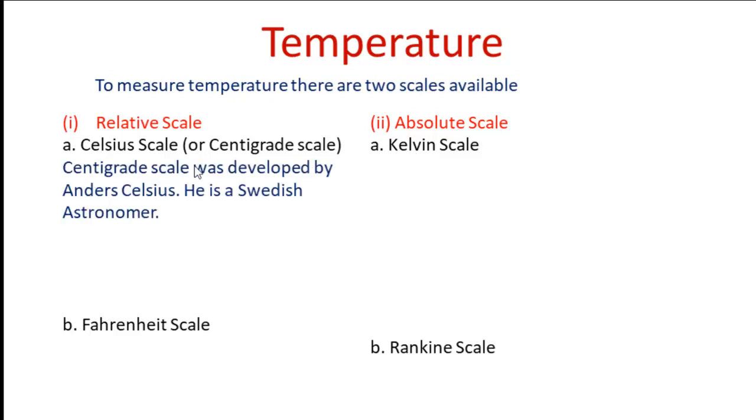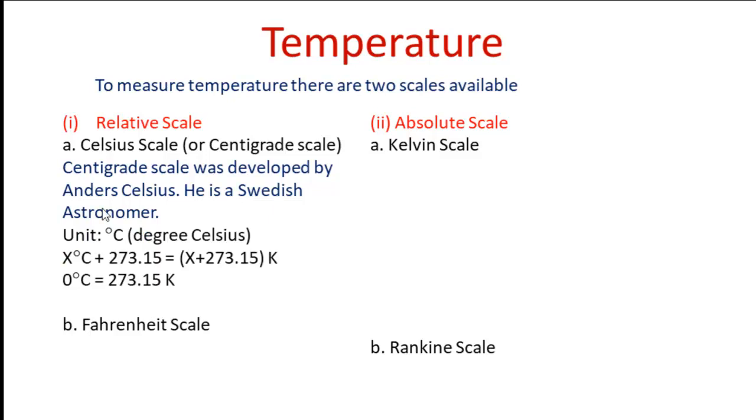This Celsius scale was developed by Anders Celsius. He named the scale the centigrade scale, and later, in order to honor Celsius, the scale was renamed the Celsius scale. Anders Celsius was a Swedish astronomer, and the unit used is degree C. If you want to convert this degree C into Kelvin, into absolute temperature, then we have to add 273.15, right?